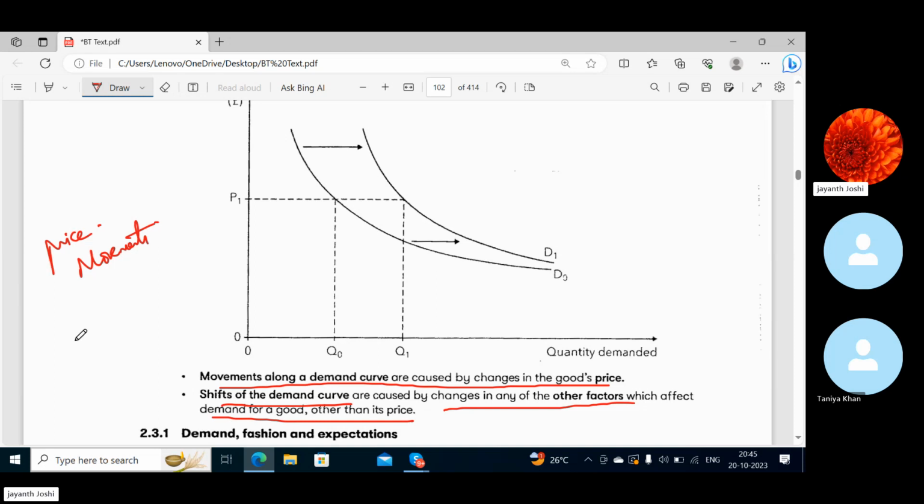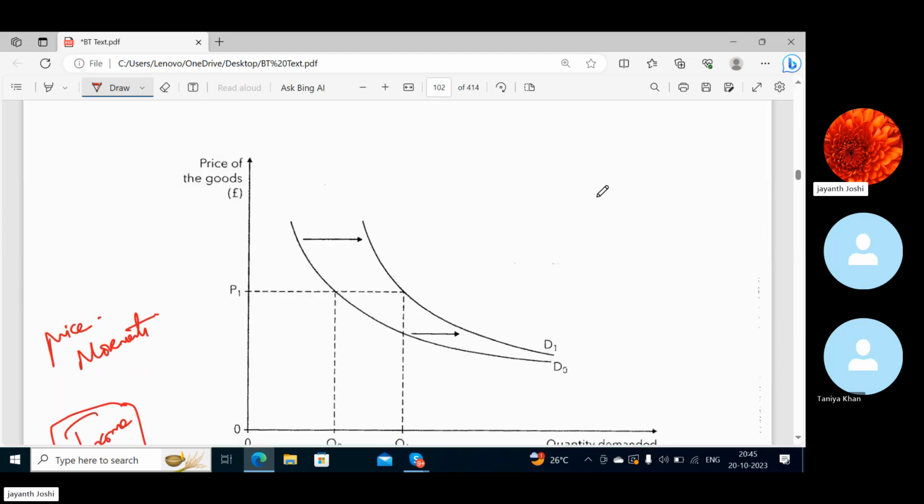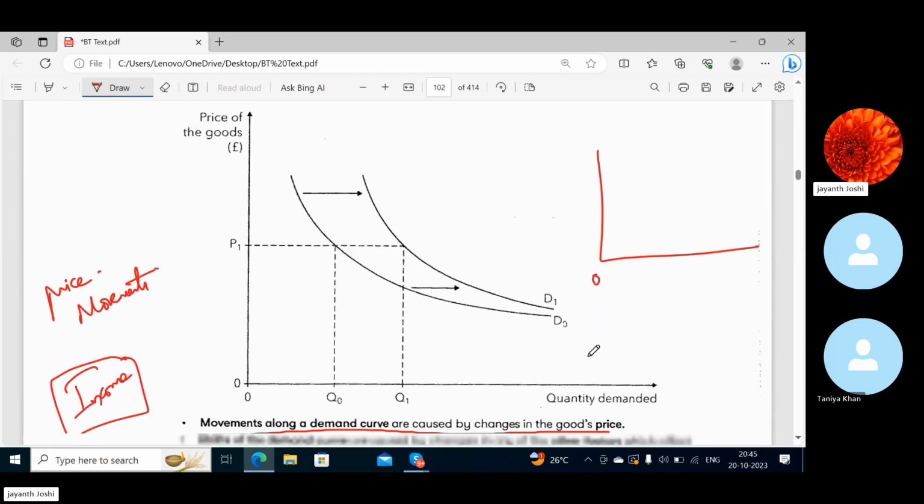Let's say income. So due to a change in income, as we discussed the other day, right? Let's say this is quantity and this is price. You can understand that at some price, previously the quantity demanded was something else.